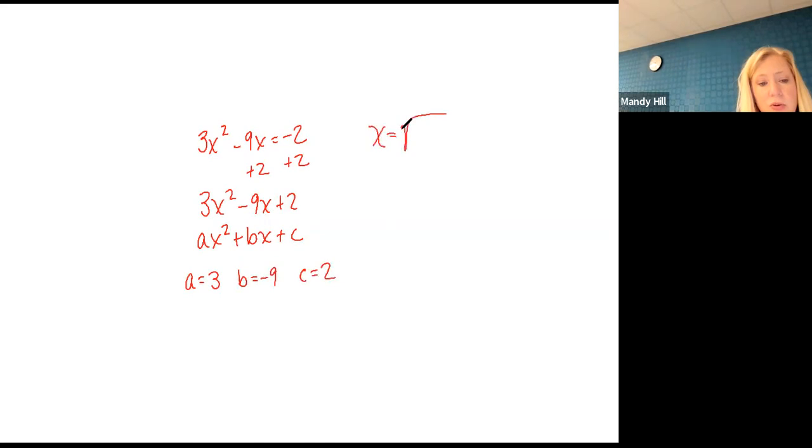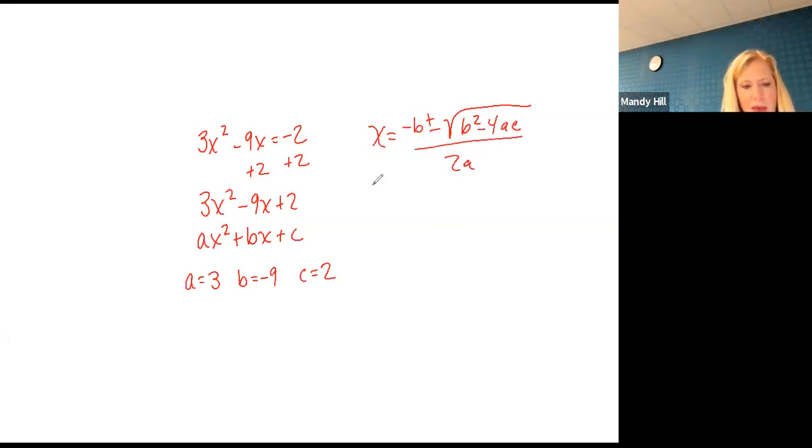So x is equal to, sorry, got ahead of myself. X is equal to -b plus or minus the square root of b squared minus 4ac over 2a. So we're going to plug in what we've got. Now, this one's a little bit confusing because b is negative right here, but this negative is in the formula.